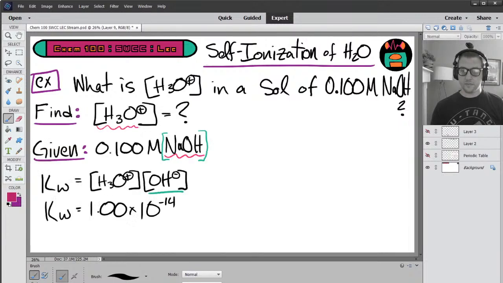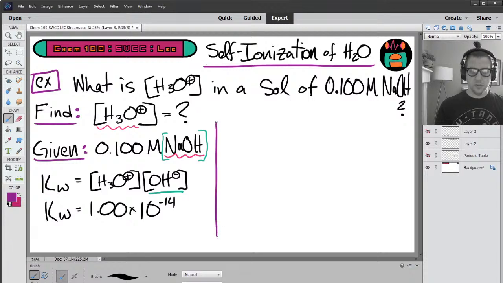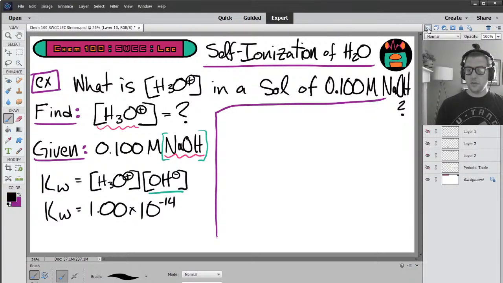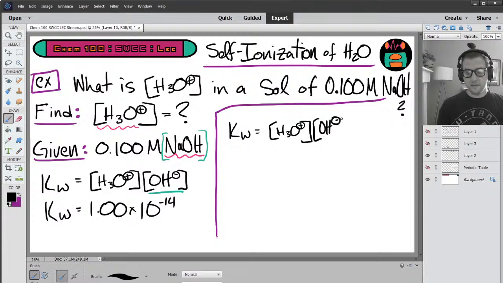Oops. We just have to do a little bit of algebra first. So we have Kw is equal to the molarity of hydronium times the molarity of hydroxide. First step, we're going to divide both sides by the molarity of hydronium.